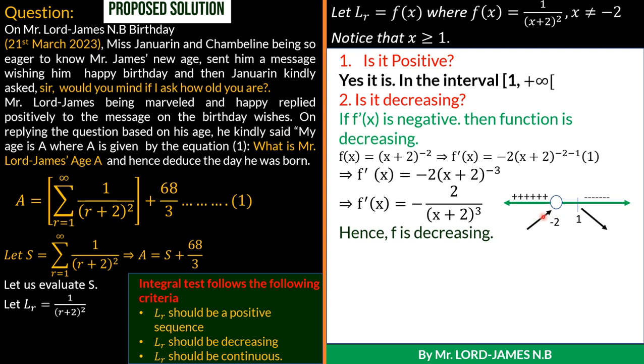At x equal to -2, we have a change of slope, from positive to negative. If we test values, from negative infinity right up to -2, we clearly see that the function is increasing, whereas from -2 right up to positive infinity, the function is decreasing.